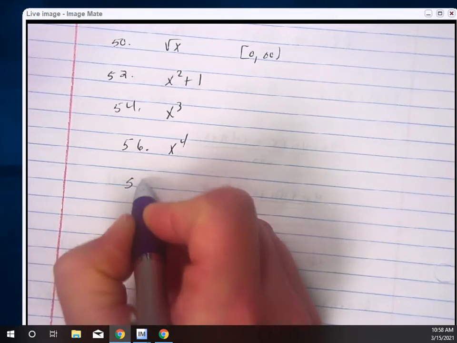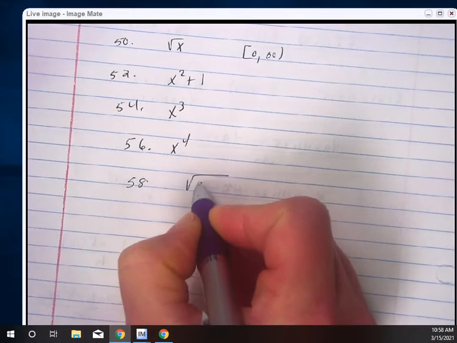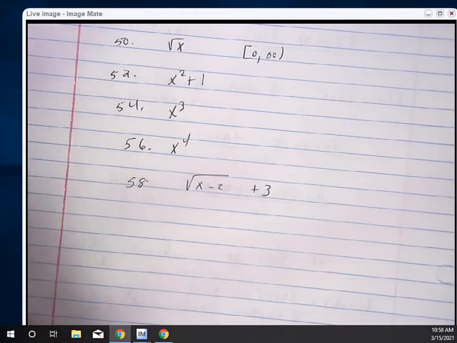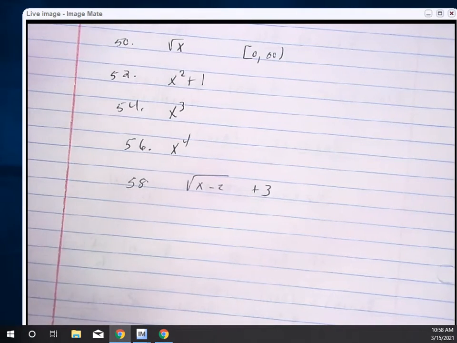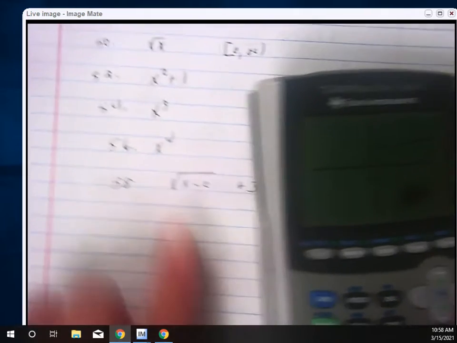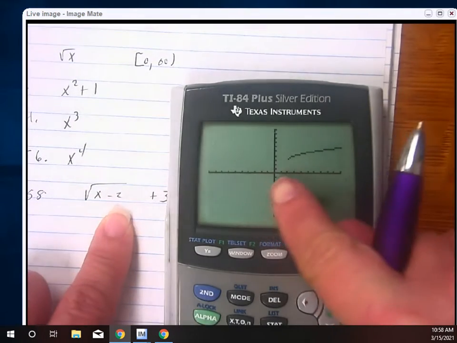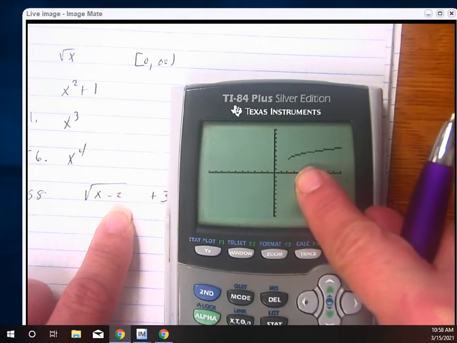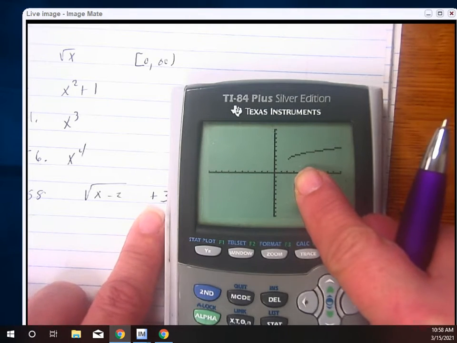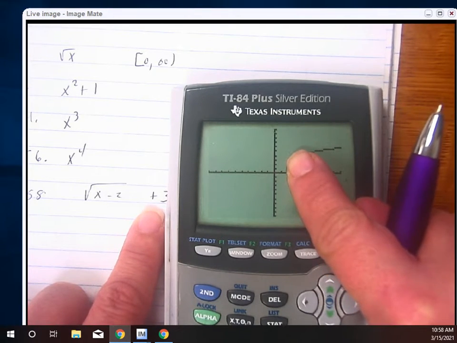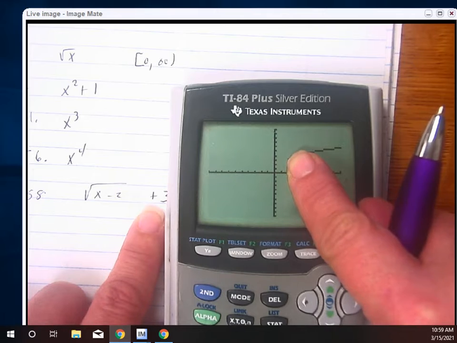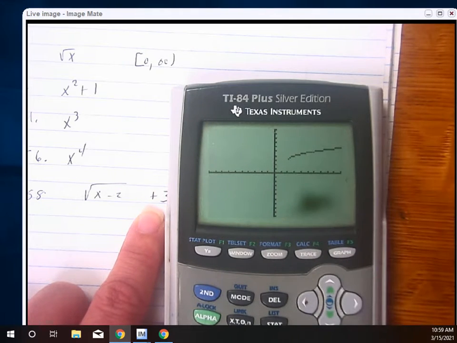This one is 58. The square root of x minus 2 plus 3. I'm looking for both domain and range. That x minus 2 shifted my graph from 0 to the right 2, and the plus 3 shifted it from 0 up to 3. So that point that it starts graphing is at 2, 3.